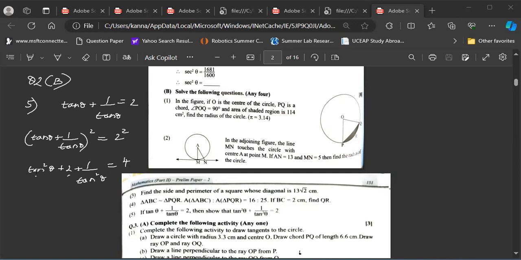You want only tan square theta plus 1 upon tan square theta, so it is equal to 4 minus 2. So what answer do I get? Tan square theta plus 1 upon tan square theta is equal to 2.